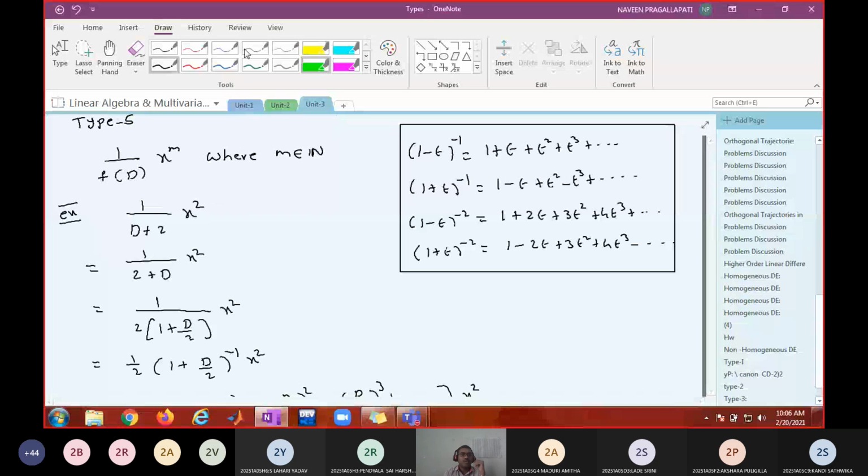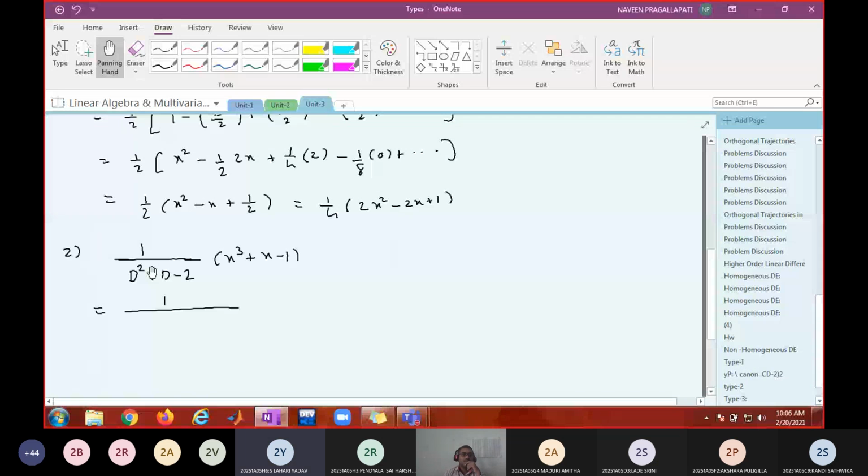Idea is to bring to one of these forms. Write constant term first. Remaining terms you group. Then you take constant term common.